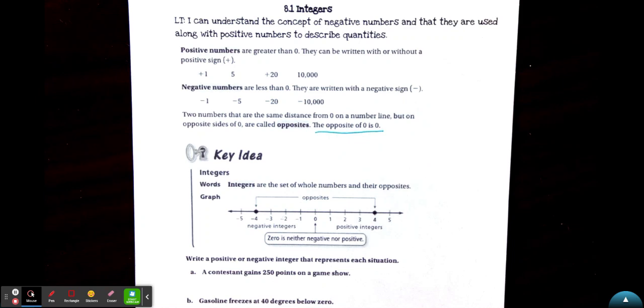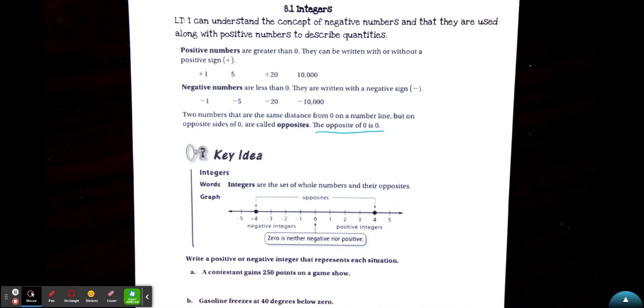Whenever you add negative and positive numbers, you get a different answer. It depends on the number. If it's a bigger positive, you'll get a positive. If it's a bigger negative, then you'll get a negative. Yeah. Bella?